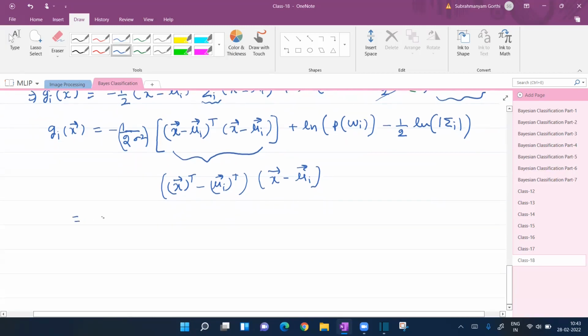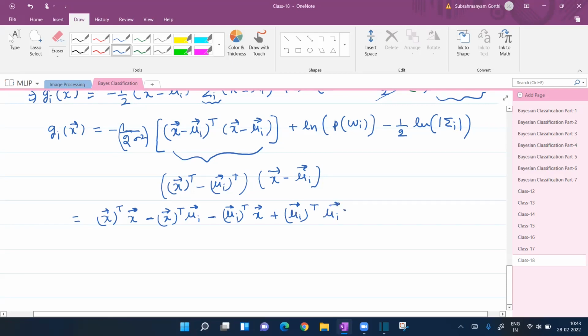Let me do the multiplication now. What will be that value? x bar whole transpose into x bar minus, now I'm multiplying the first term x bar whole transpose with the second term there. So that will be mu I bar minus mu I whole transpose into x bar plus, of course, these are vectors here, so mu I bar whole transpose into mu I bar.